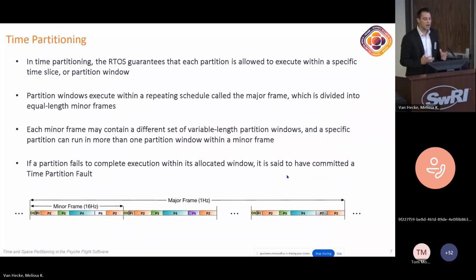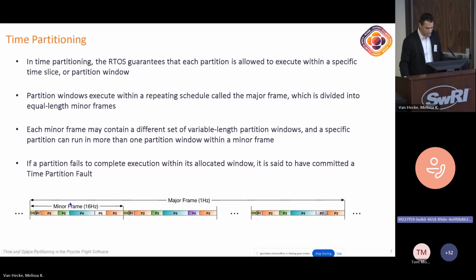Similarly, time partitioning is, again, when we use our RTOS, but here it's to make sure that each partition gets its own time to run, its own time slice or partition window. And those partition windows execute on a repeating schedule called a major frame, and that major frame is broken into smaller, equally sized segments called minor frames.